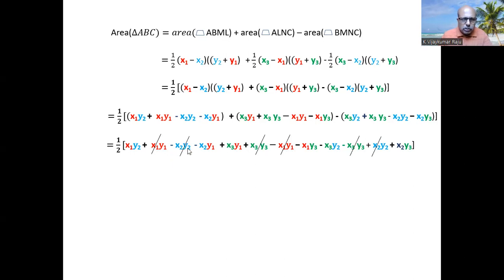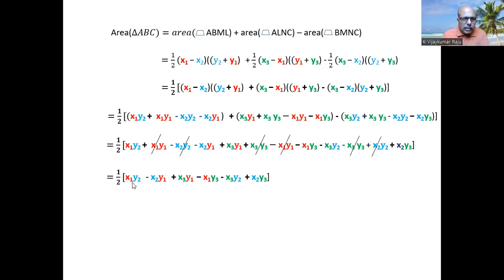Minus x2 y2 plus x2 y2 cancels. Plus x3 y3 minus x3 y3 cancels. So these 6 terms get cancelled, and the remaining terms we just put down. This is left, this is left, the remaining terms.